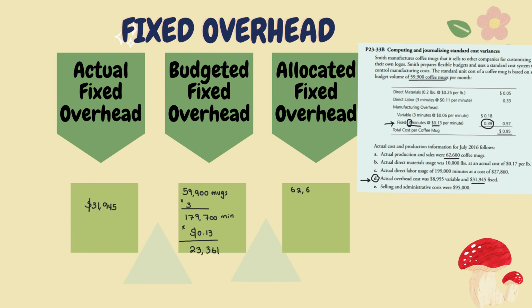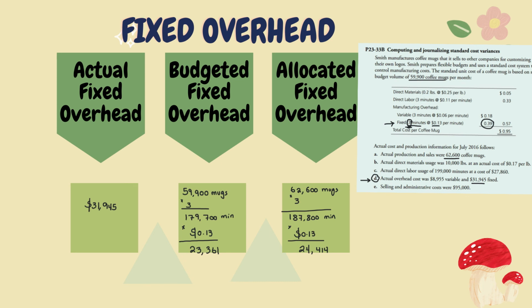So 62,600 mugs multiplied by standard input per one output, which is 3. So I'm gonna get 187,800 minutes. Then I need to multiply it with standard cost per minute, which is 13 cents. So the answer will be 24,414.